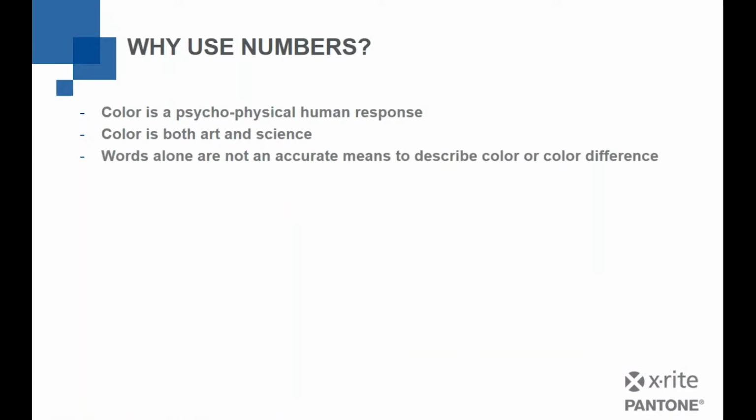And the last reason we use numbers is because words aren't an accurate means to describe color or color difference. In fact, words aren't an accurate thing to describe lots of things, like temperature. There's two words up there, hot and cold. And depending upon where you live, what you think is hot or what you think is cold might be very different.